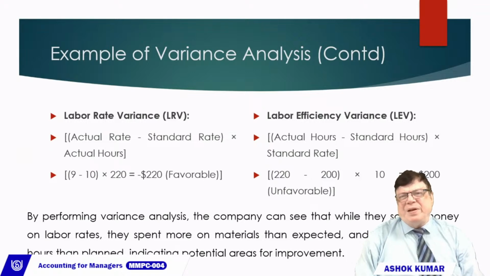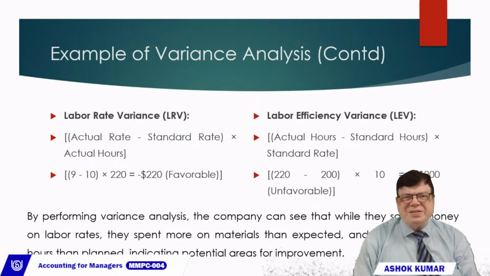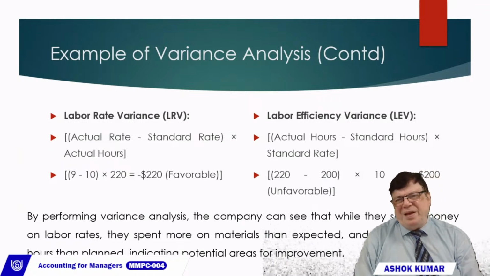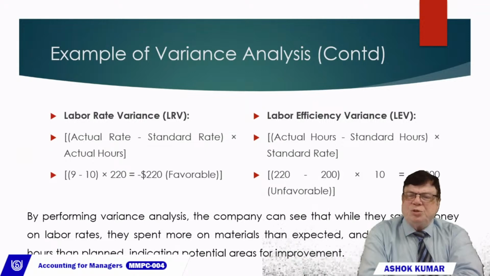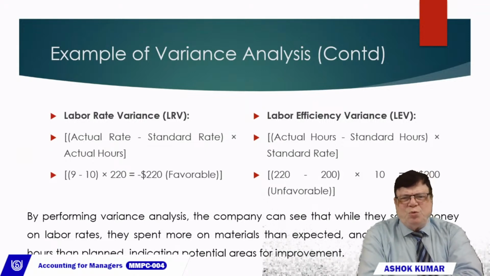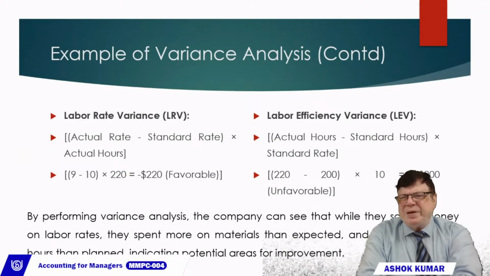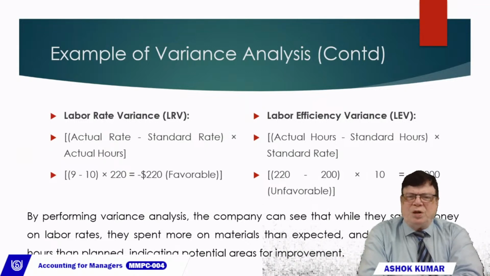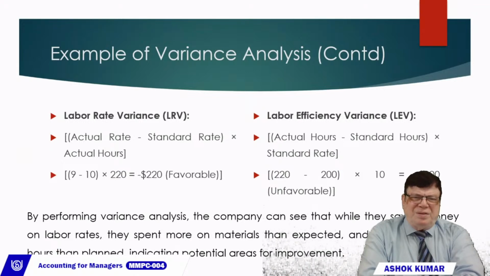Now, labor efficiency variance, LEV. Actual hours minus standard hours into standard rate. Actual hours 220, standard hours 200, into standard rate 10, is equal to $200. It is unfavorable.